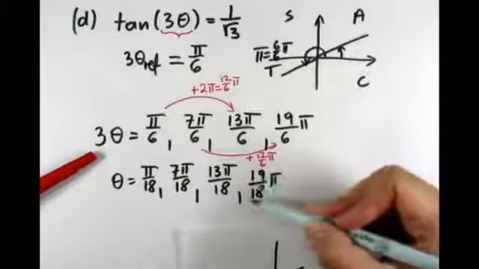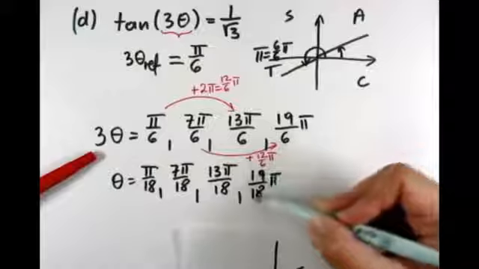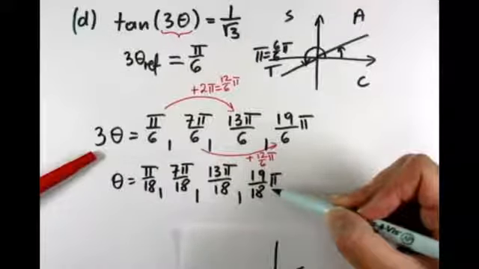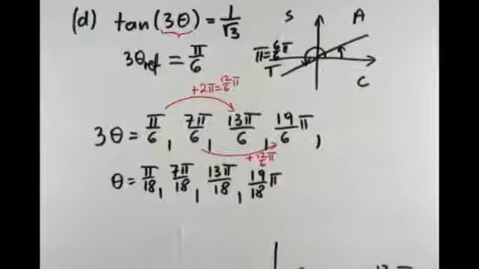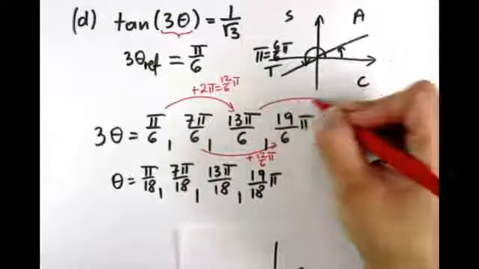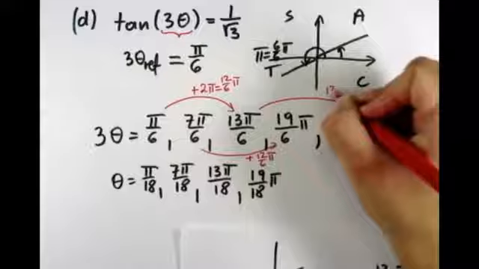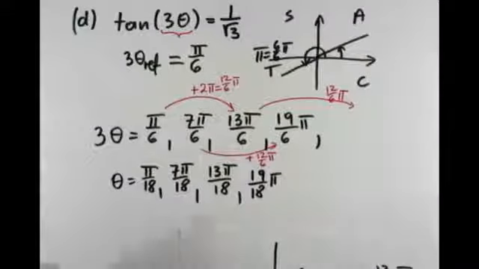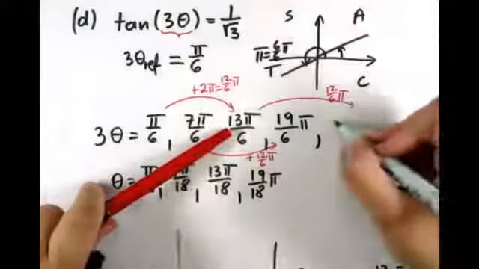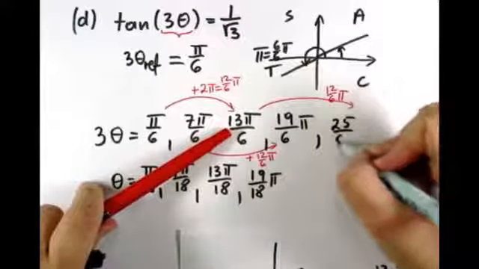So I still am a little bit less than 1 pi, and I need to go up to 2 pi. So I need to go one more revolution. So the same, I'm adding 12 over 6 pi. So 13 becomes 25 over 6 pi.